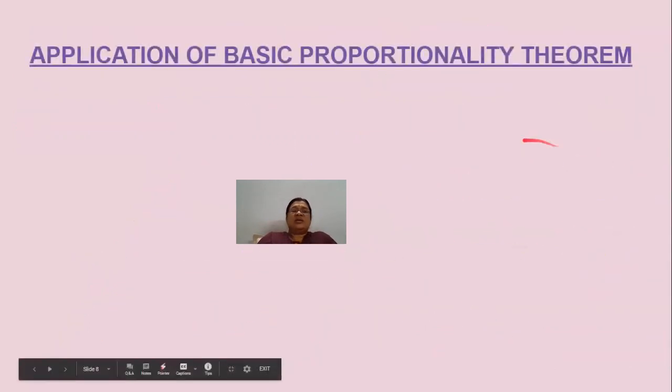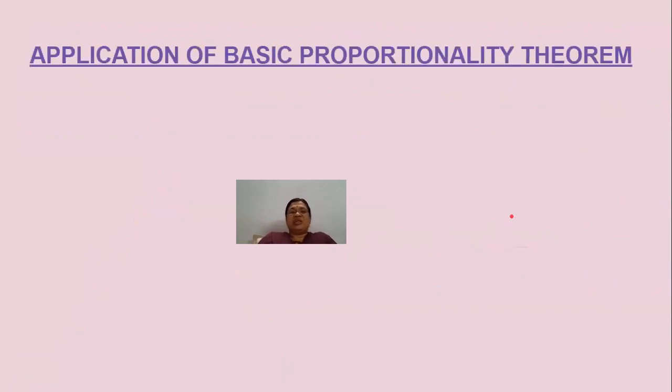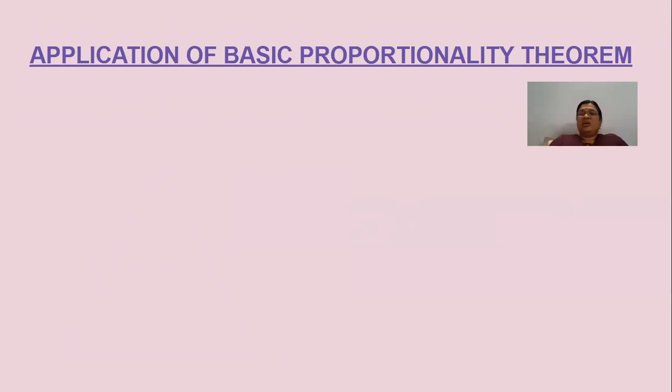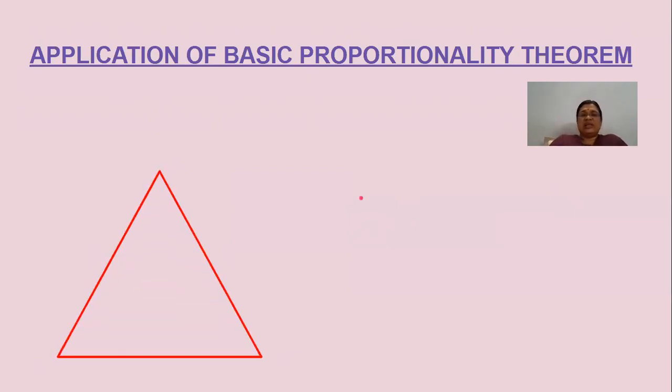And next we'll move on to the application of basic proportionality theorem. This is very important, and you may get problems like 4 marks questions from this concept. So from simple to complex we'll move slowly. I'll slowly make you understand. See, one triangle is there, ABC triangle, and PQ is parallel to BC.